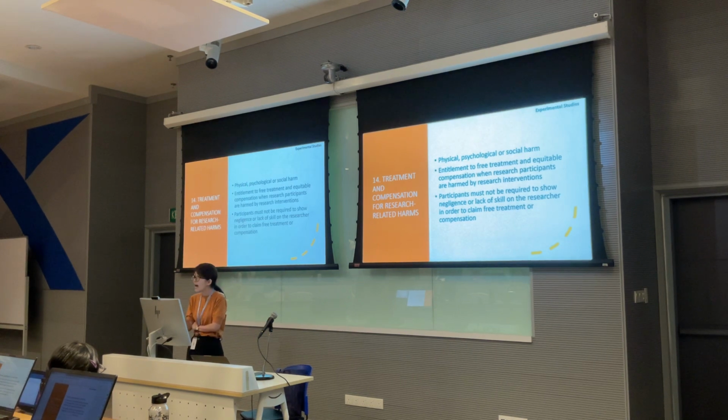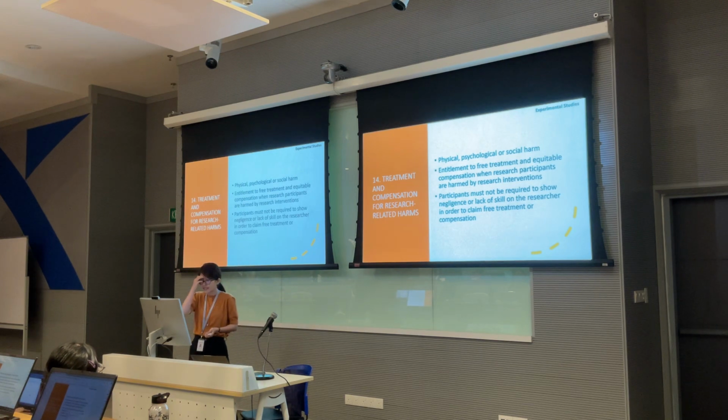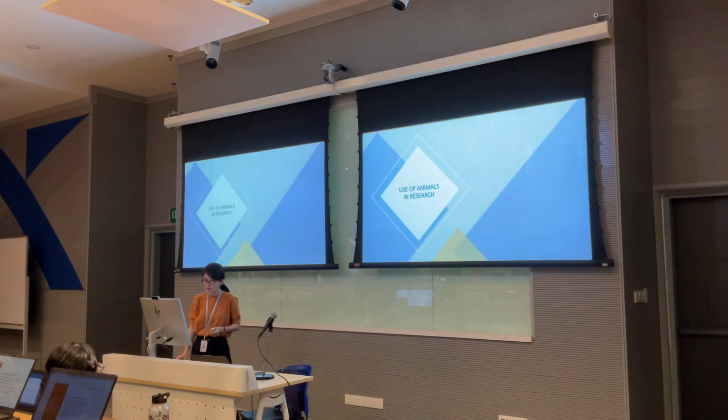And do not ask the participants to give up their right to request compensation. You need to make sure that your participants have the right to request compensation if your research has incurred related harm. So this one has to be clearly mentioned in the consent form.